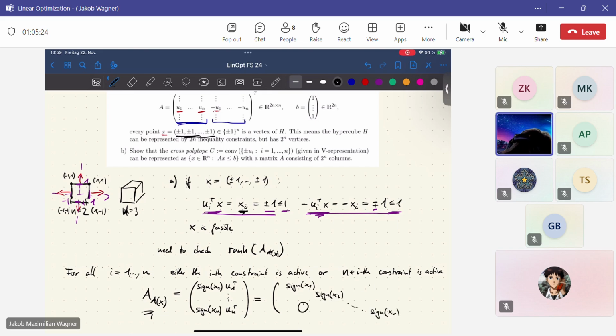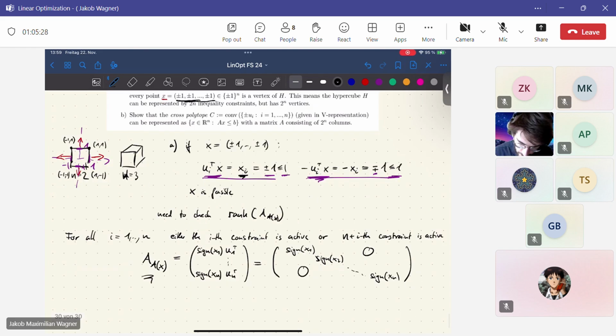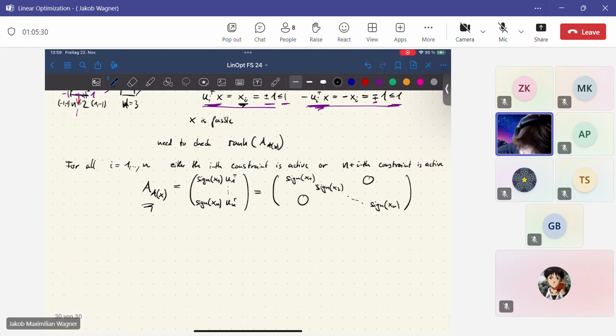And we have big 0 blocks on the off diagonal. And so we know that the determinant of this matrix is again either plus or minus 1, because on the main diagonal we always have just pluses or minus 1s.